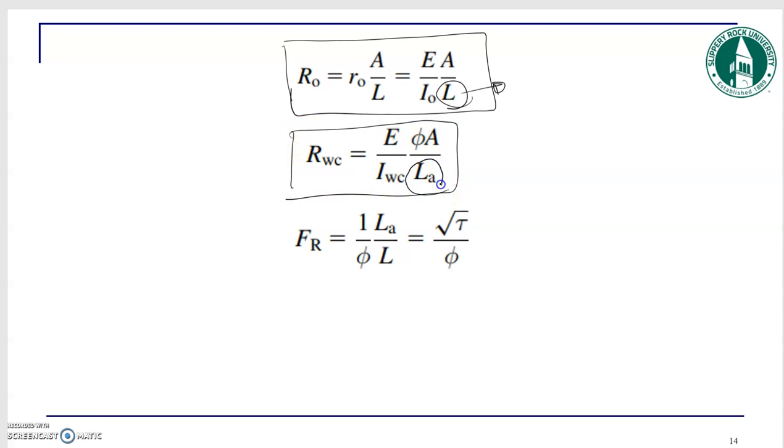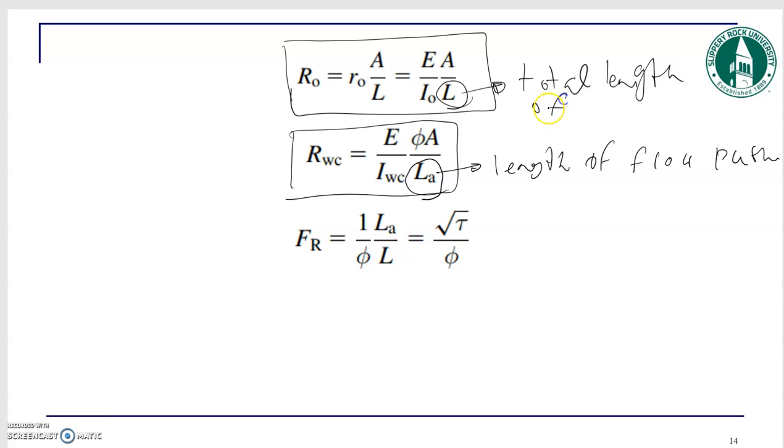The length of the flow path is important here, and this is the length of your pore. Length of, I should say, flow path. This length is the total length of the rock sample.